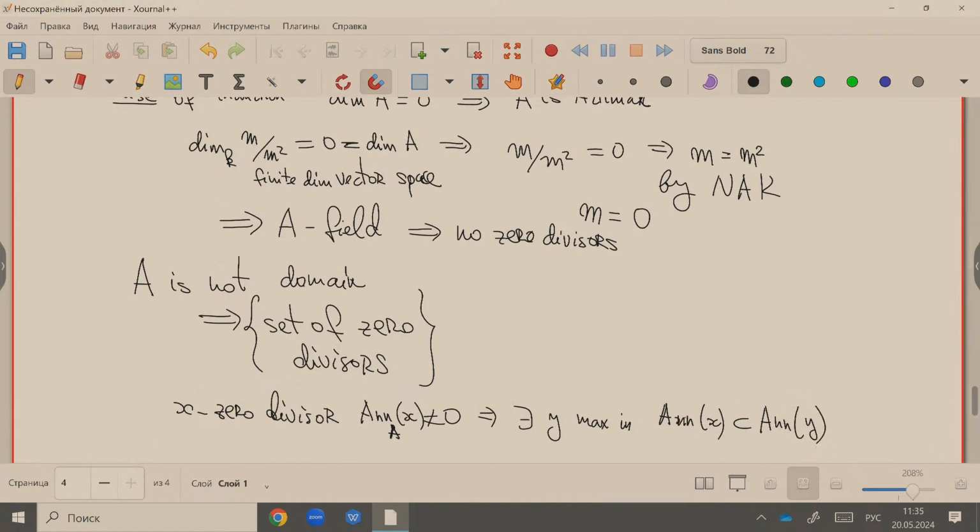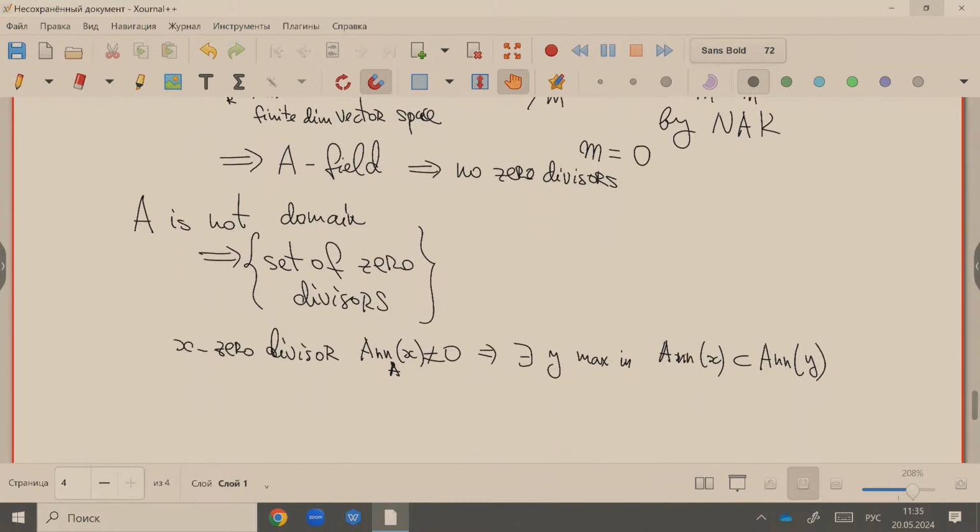So you are just multiplying x by some elements that are not in the annihilator, and you can just enlarge. So y is equal to x times z. So the annihilator of y is an associated prime ideal. So this is maximal, this is a prime ideal. And this is an associated prime.